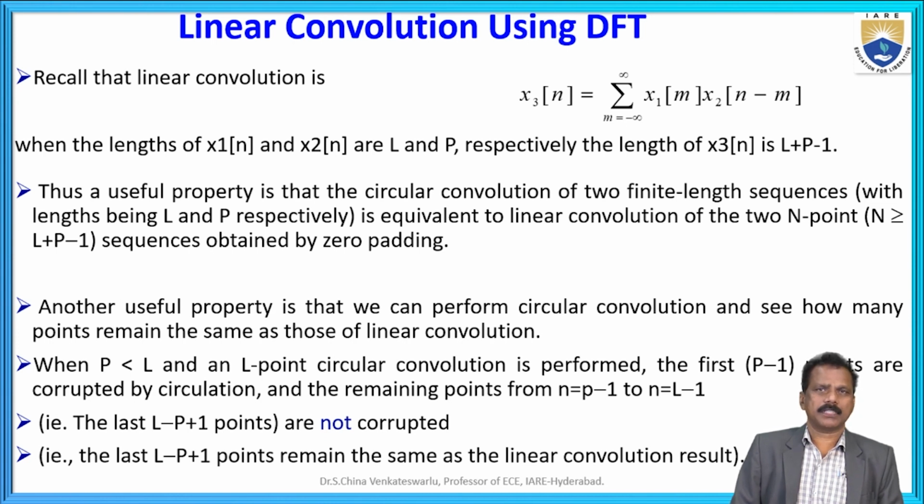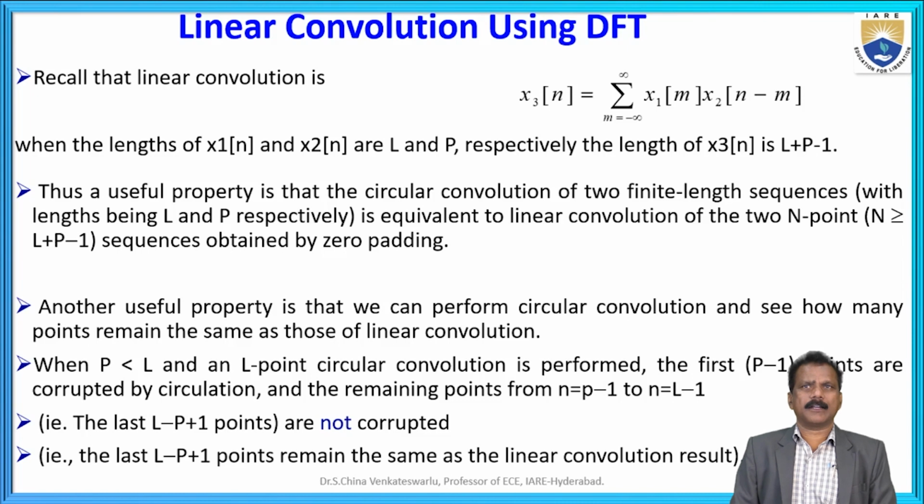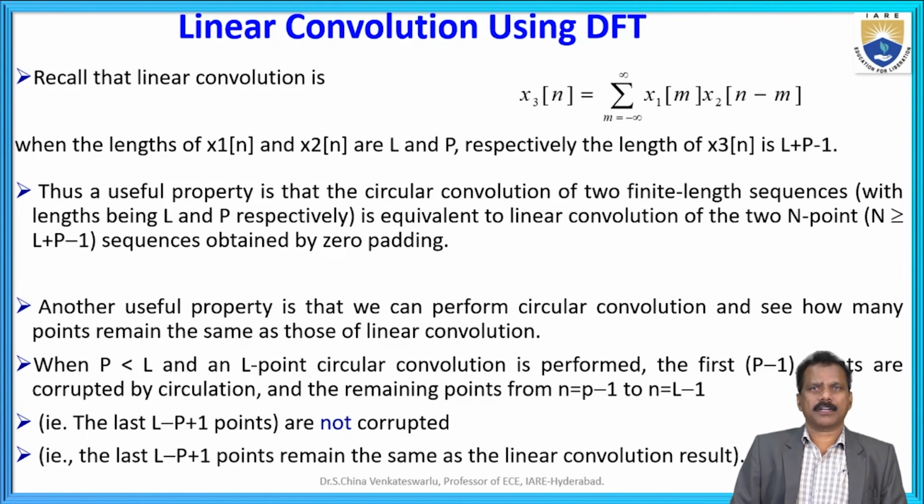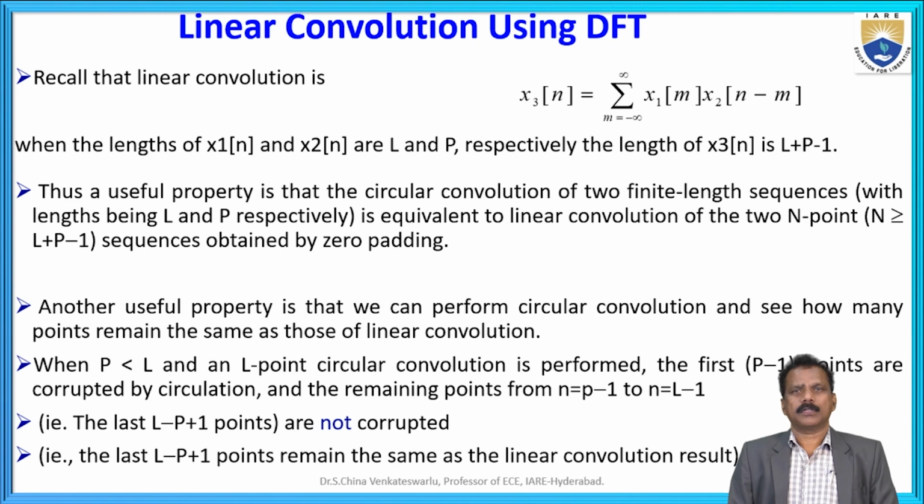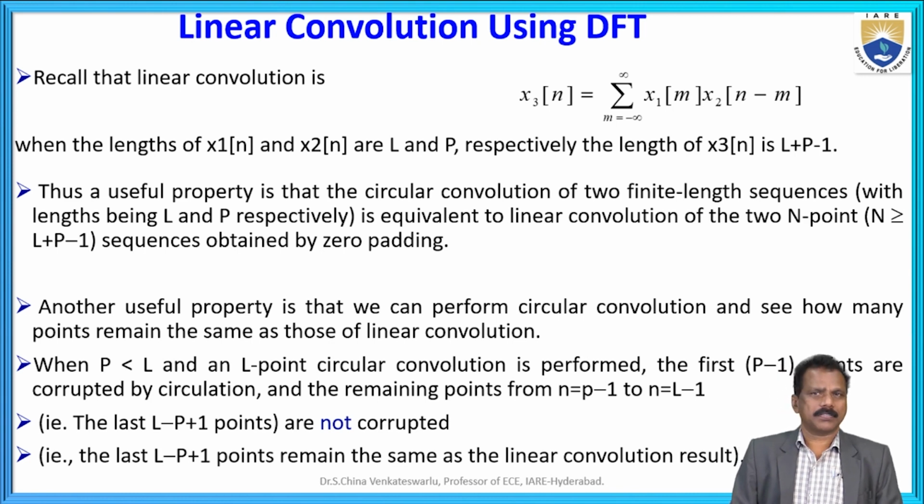We will analyze these particular points using different examples. We have a lot of problems with the DFT and IDFT, and we will analyze these two points. That means the L minus P plus 1 points are not corrupted.